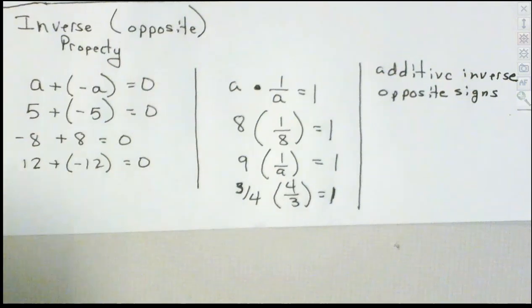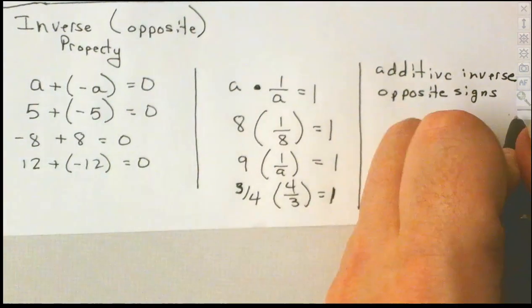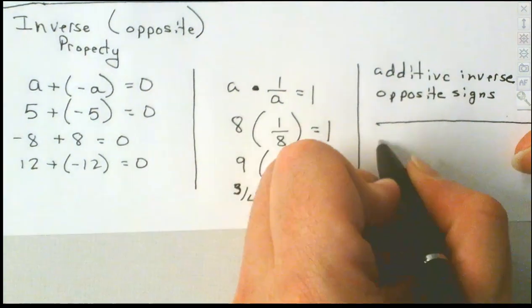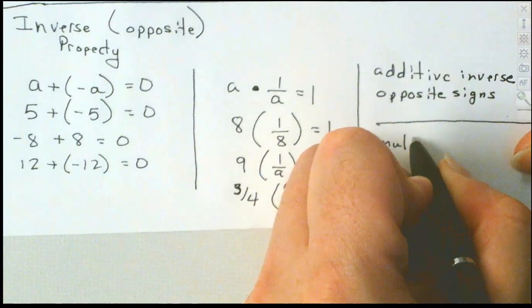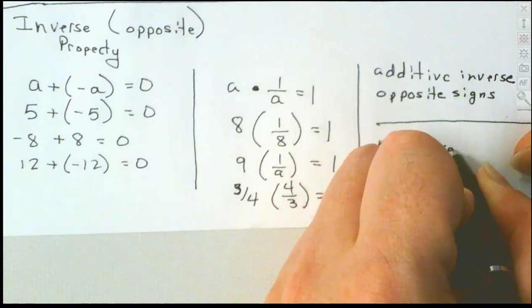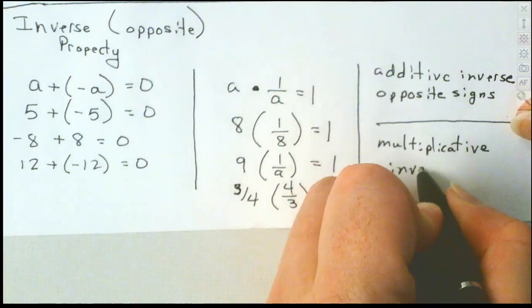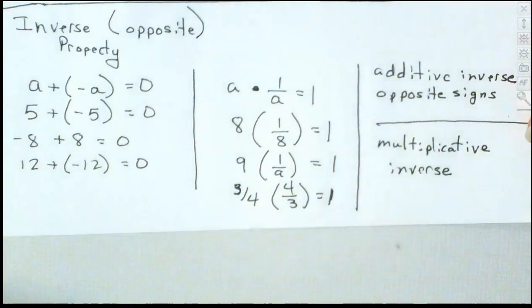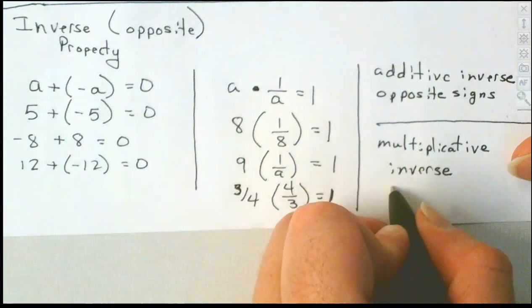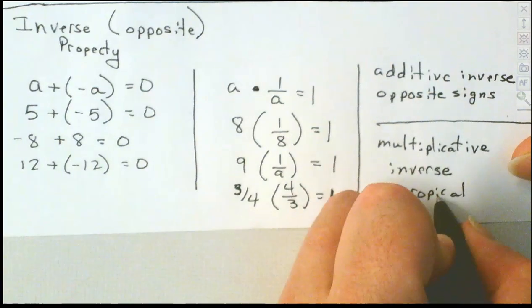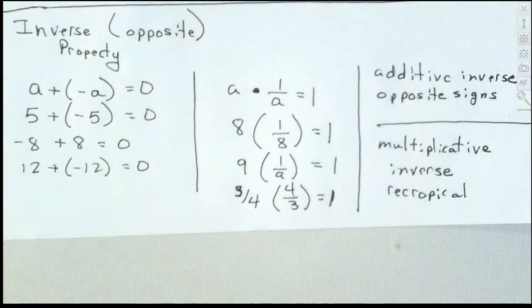Opposite signs. Those are additive inverses. The multiplicative inverse is the reciprocal. And when we talk about reciprocal, what does that mean? Flip it over. Flip the fraction over. Flip it upside down.